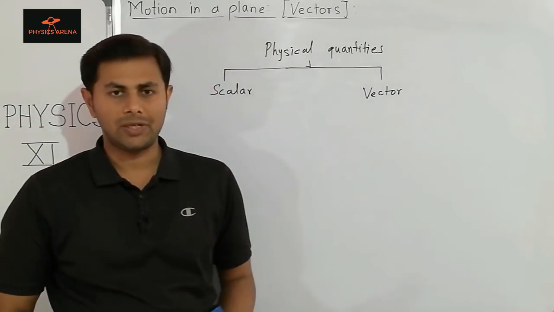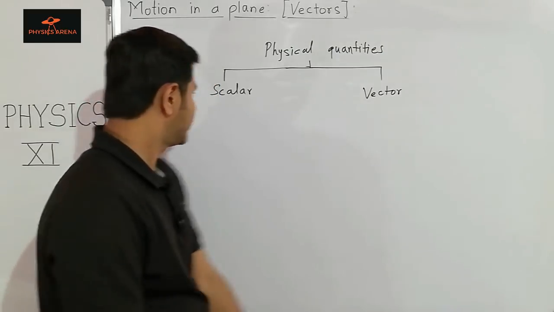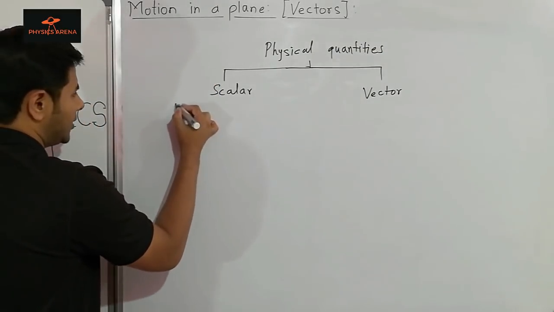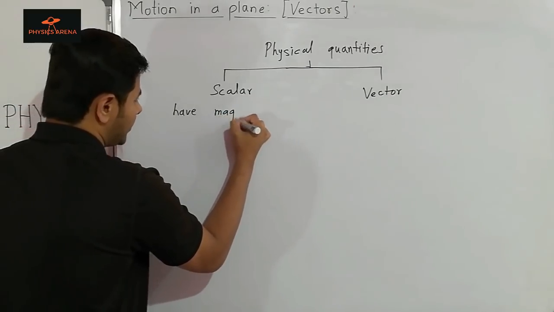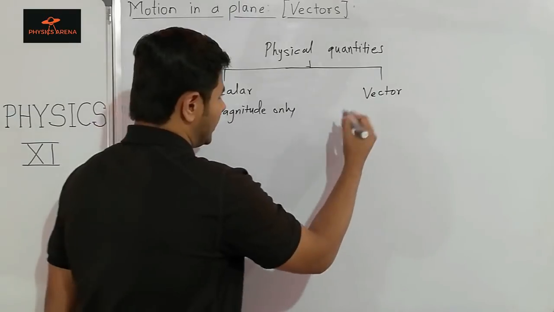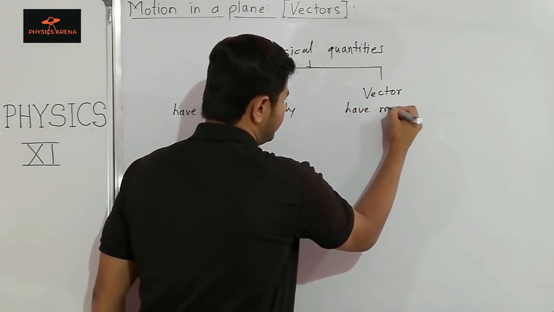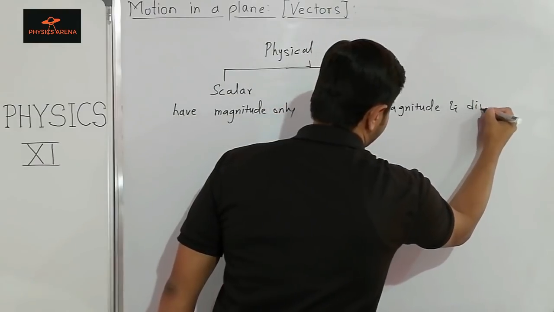Vectors are physical quantities which have magnitude as well as direction. So scalars are quantities which have magnitude only. Vectors have magnitude and direction.